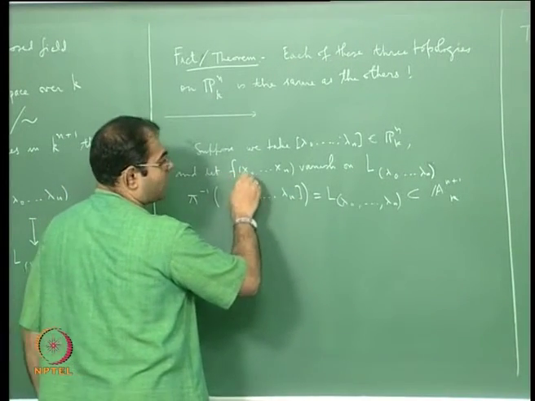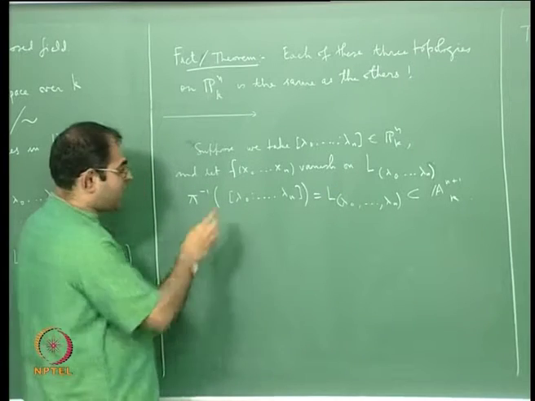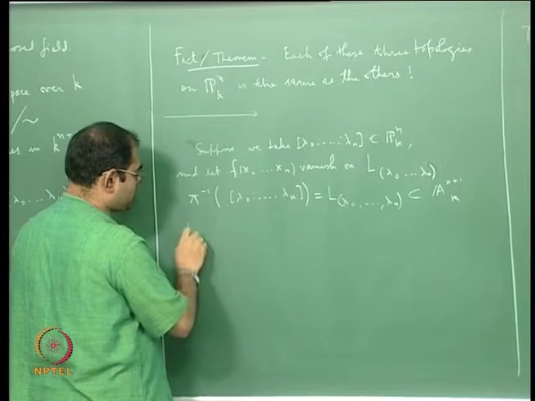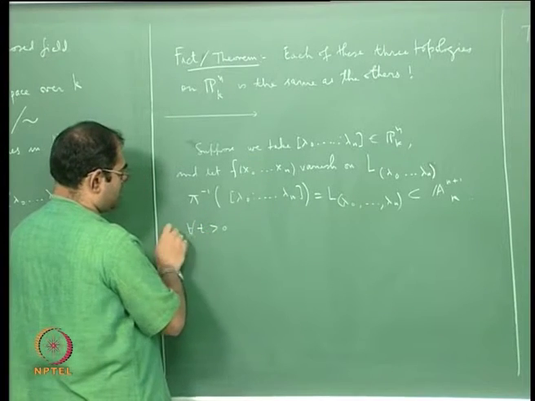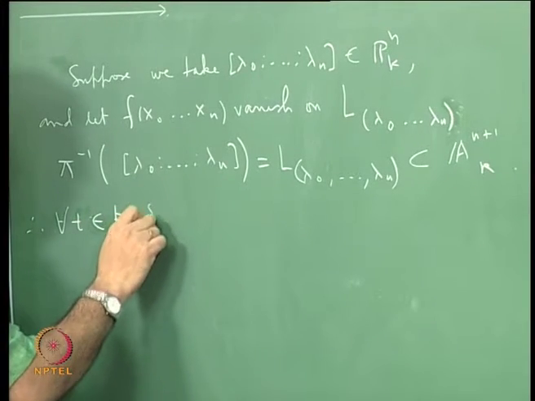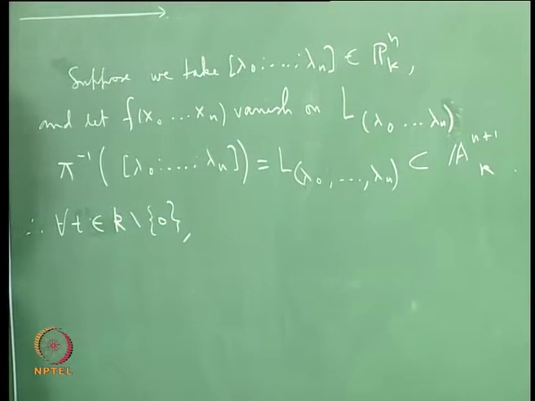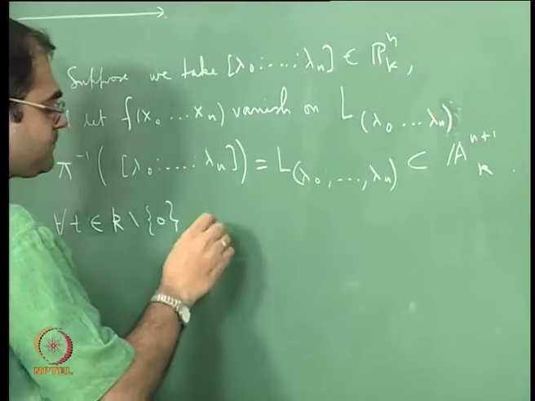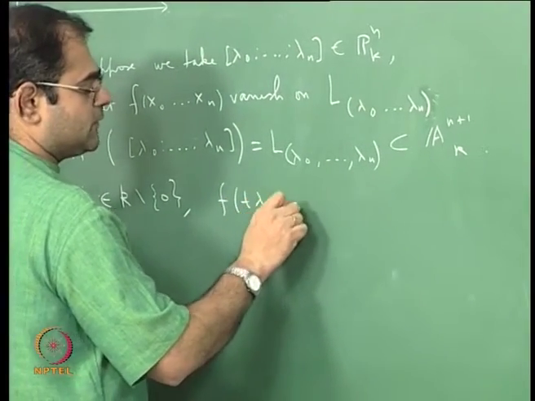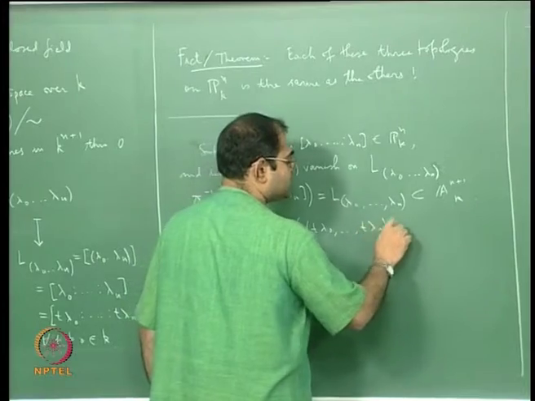Now you see, if the polynomial vanishes on this line, what it means is, for every t which is a non-zero scalar in the field, f of t lambda naught through t lambda n should be 0.